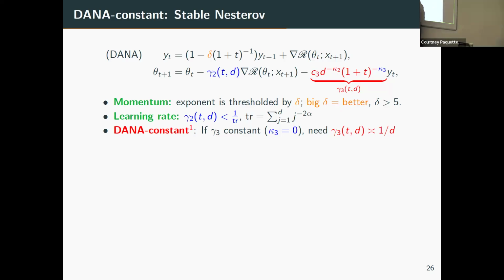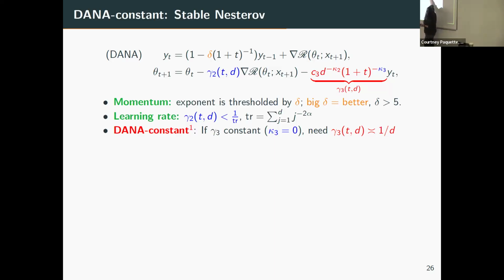No matter what, you need a hyperparameter to control your one stochastic gradient. You need an extra hyperparameter to control your momentum, and you need long momentum, right? We need all of them, okay? So now the question is, how do you choose these? You can first start off by saying, I'm going to choose this gamma 3, the thing that controls my momentum, to be constant.